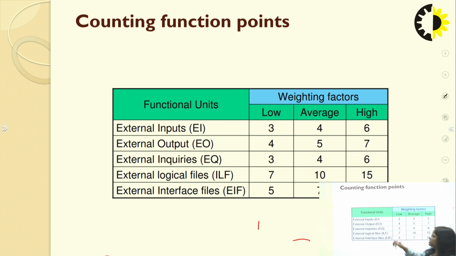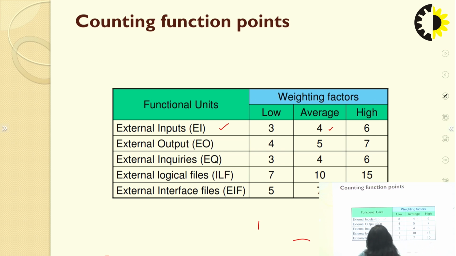Suppose the project is of low complexity in nature, then for external inputs we provide 3. If the project is of average complexity, then we provide 4.